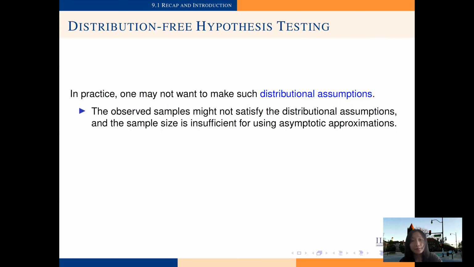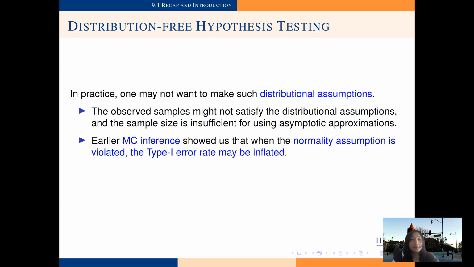The observed samples might not satisfy these distributional assumptions, or the sample size is relatively small and it is not appropriate for us to use asymptotic approximations. In these cases, we might not want to make such distributional assumptions because they can lead to negative consequences if the assumptions are violated.